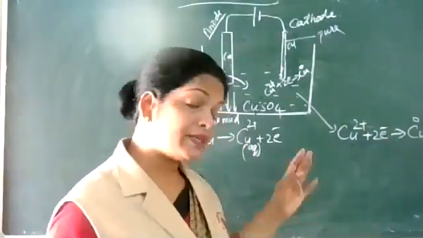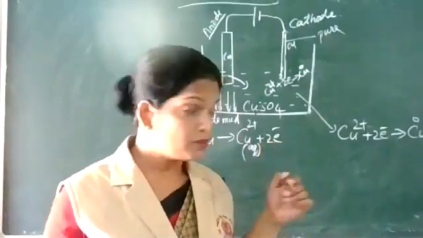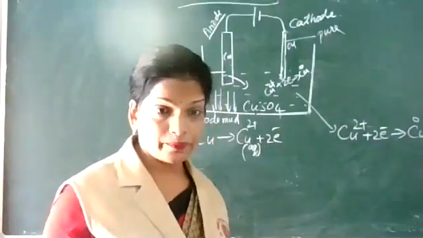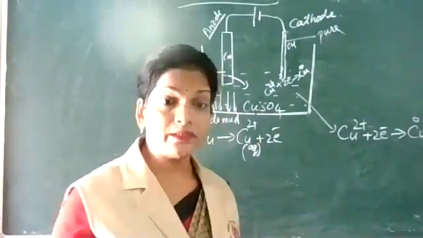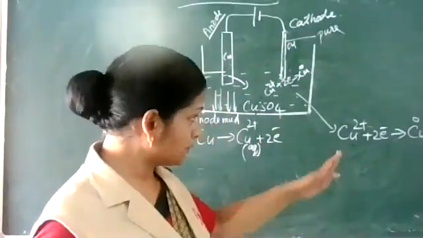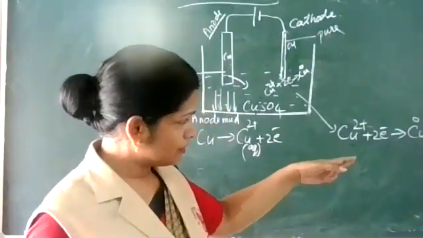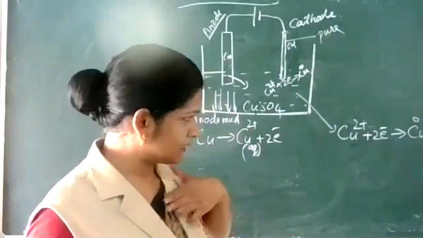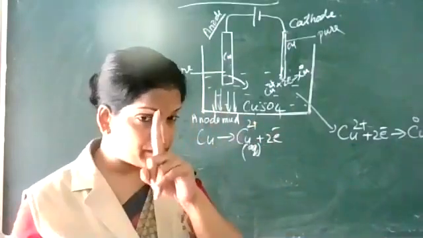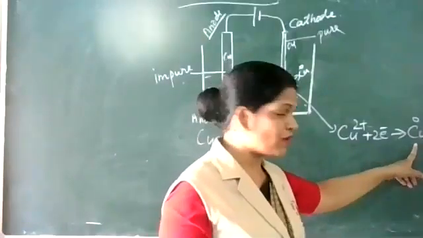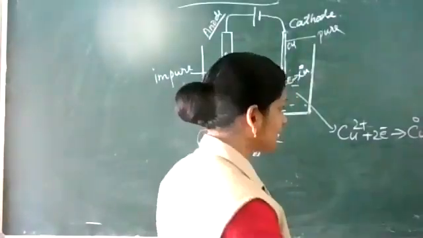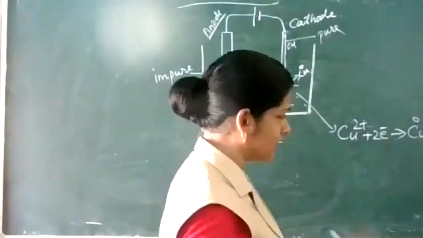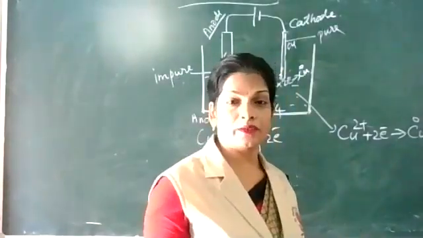For copper, there is a special number. Look at the molar mass of copper, that is 63.5. If I take that number, that means 1 mole.